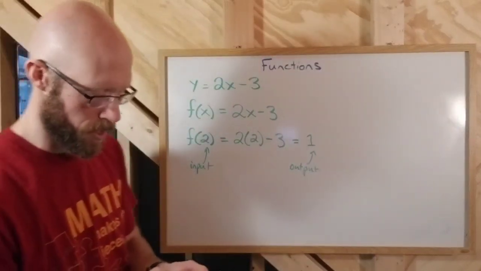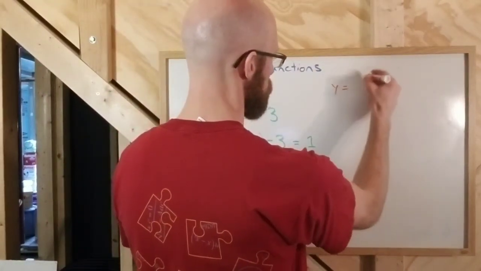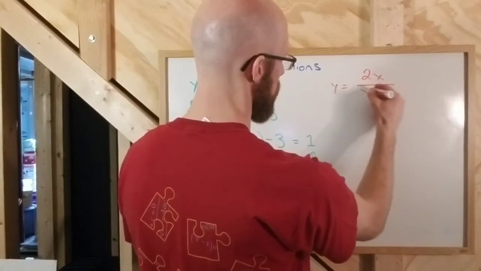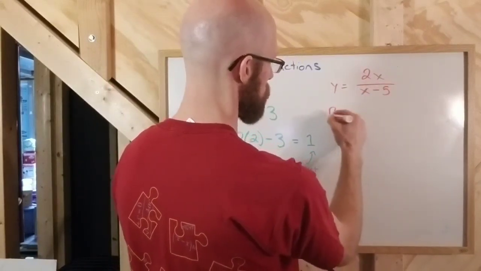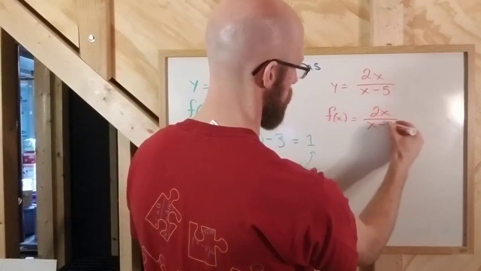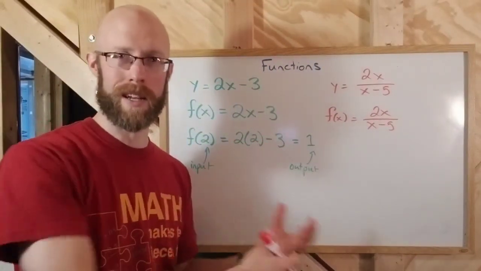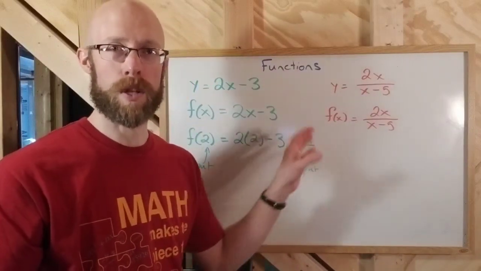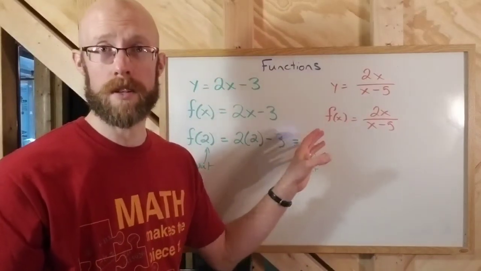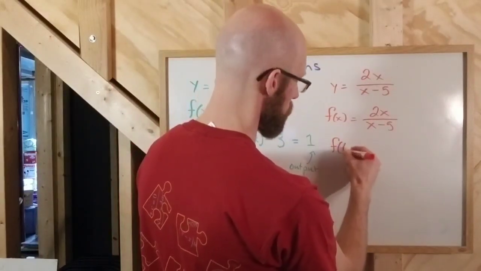When we did the example a moment ago with y equals 2x over x minus 5, if I change that to function notation, then I could more easily represent plugging things in and getting things out. Of course, I wouldn't plug in 5 because 5 doesn't work, but I could plug in anything else. Like if I want to plug in 6, right?